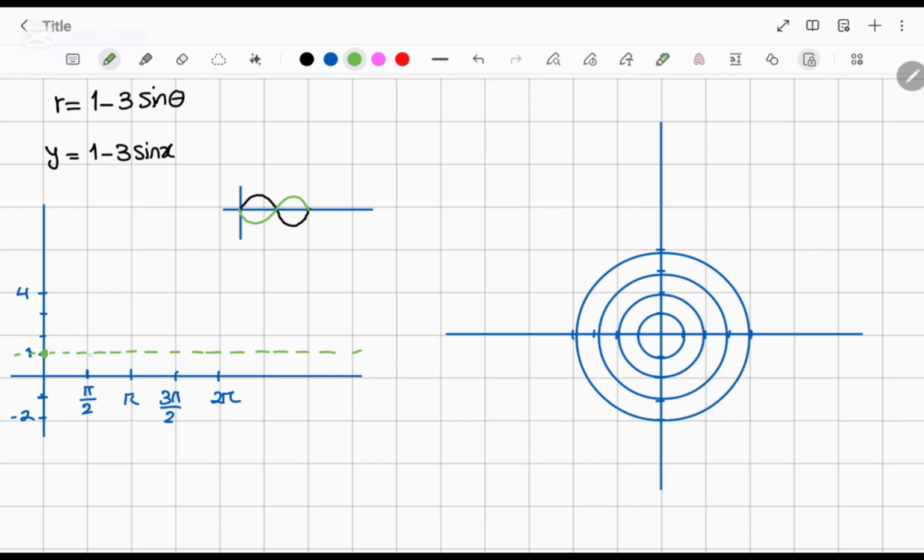On pi over 2, it's going to be at its minimum, which is negative 2. On pi, again, it's going to be at 0. On 3 pi over 2, it's going to be on its maximum, which is 4. And on 2 pi, again, it's going to go to 0. And if I want to plot the points, it's going to look like this.